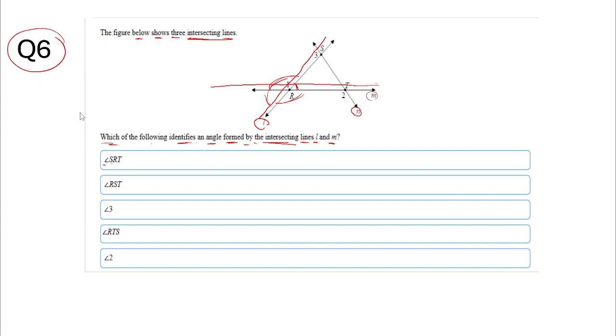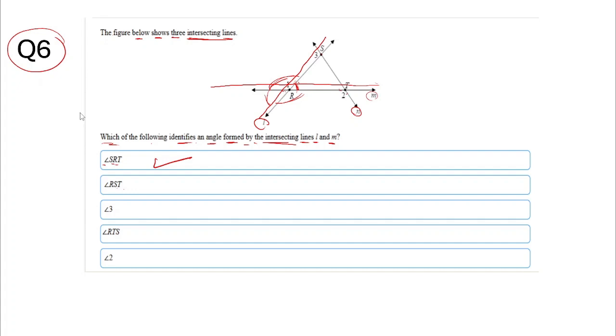So let's see what it will say. Angle SRT. Yes, this is right. Angle RST.